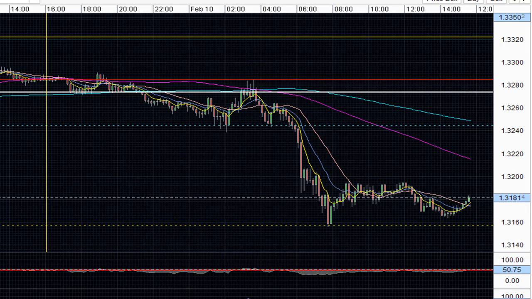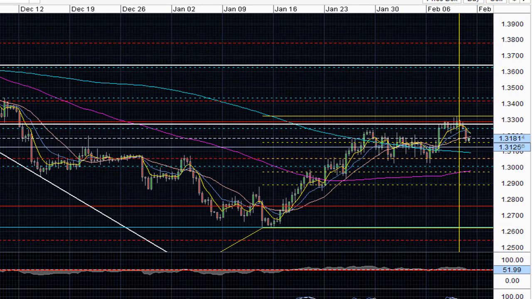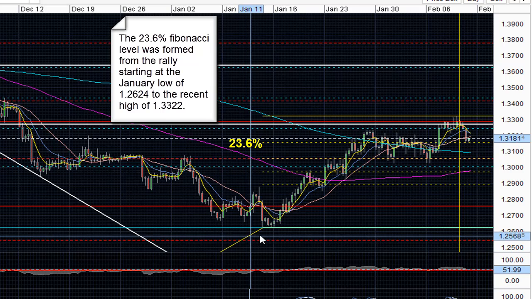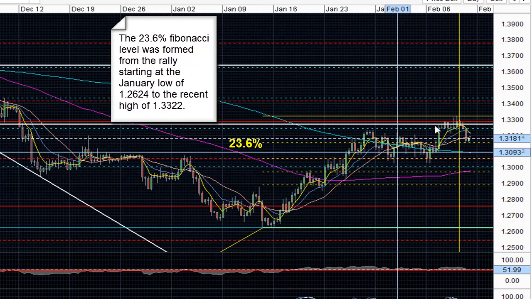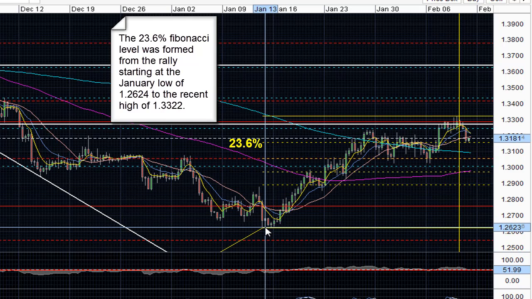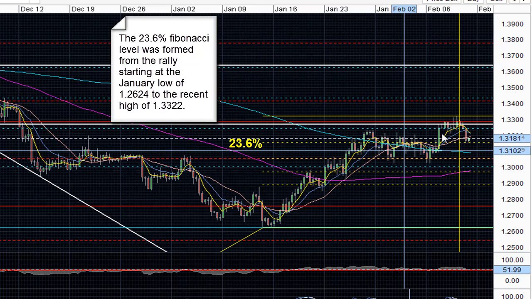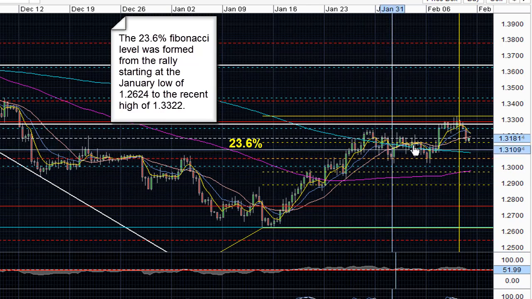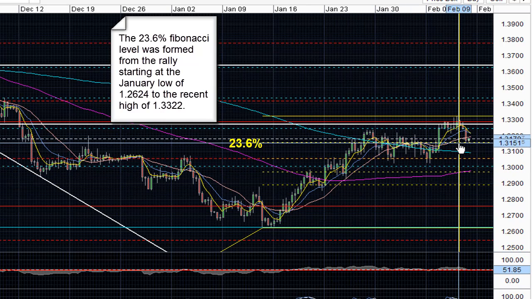Now if I switch to the 8-hour chart, you can see where this level comes from. As you can see, this last climb up on our daily chart from our January low here at 1.2624 to the recent high up here at 1.3322 is what formed the 23.6% retracement level here, which we can see in yellow.